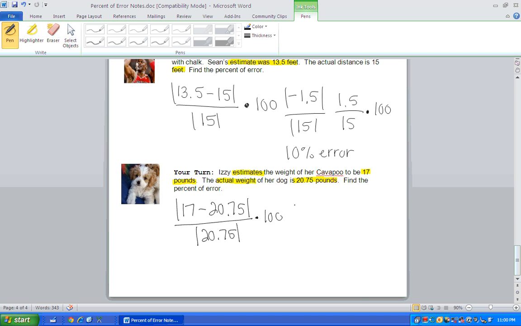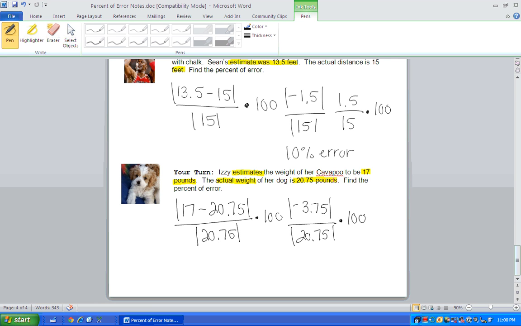So for here, you would have got a negative 3.75 pounds, but we want to do the absolute value of that. So that's going to change that negative 3.75 to a positive, and we're going to multiply by 100.